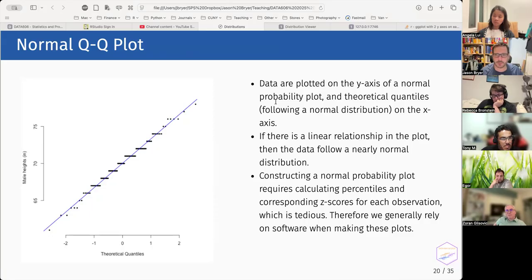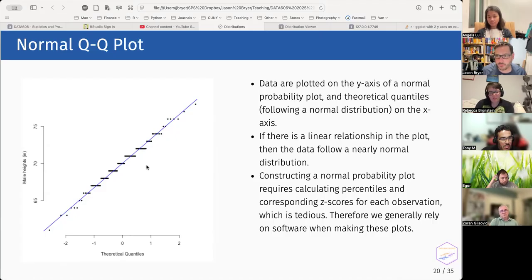Assuming it fits a perfectly normal distribution, things should spread out the way they would in a normal distribution. So when you plot it, on the x-axis you're getting the theoretical quantile, so you have a mean of 0, and 1, 2 standard deviations above and below, and then you have the raw metric. Then we can superimpose this unit line. What you're looking for is, if it's perfectly normal, all the points will fit exactly on that line. That almost never happens. So what we're looking for is whether it's close enough.